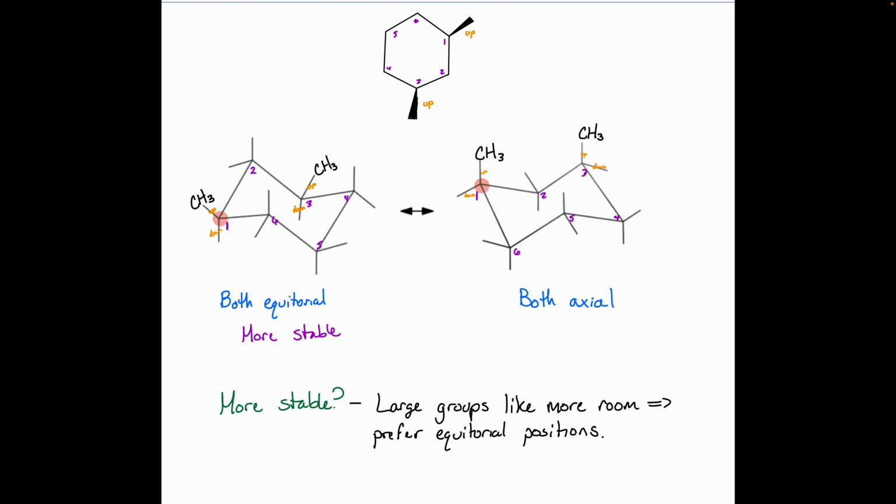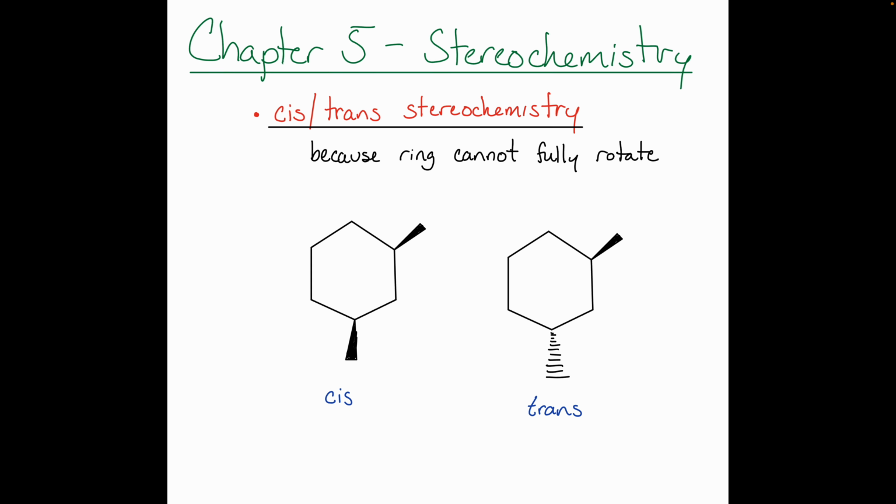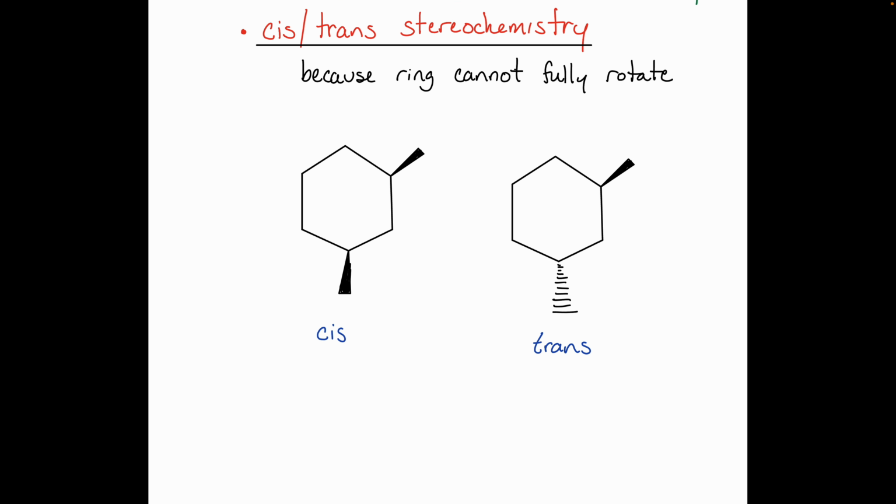Cool. All right, so now we're going to move on to our new type of stereochemistry. So with rings, we had the cis-trans stereochemistry. All right, now we're going to talk about chiral stereochemistry.